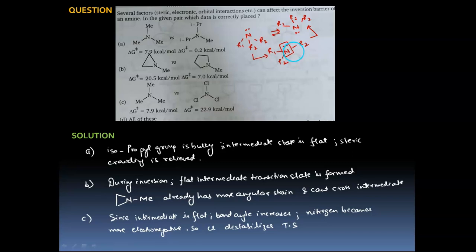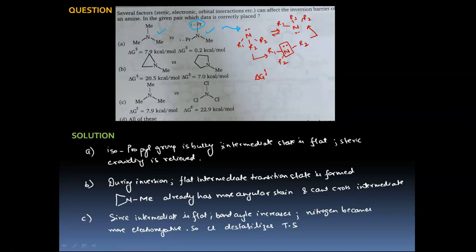Now, given this fact, let us see what data is given for every competing molecule, and in which it is easier to invert. Delta G here represents the energy barrier towards inversion. If inversion of configuration is easy, then the delta G value should be less. In the first one, we have two molecules, this one and this one. Isopropyl is bulkier than methyl, so in the substrate there would be much more repulsion.